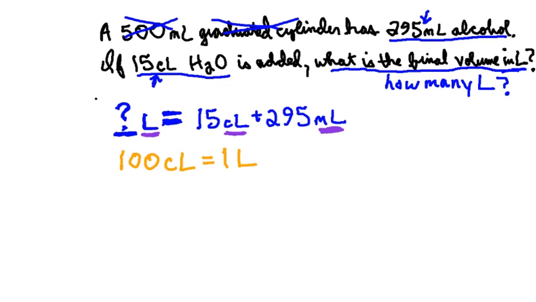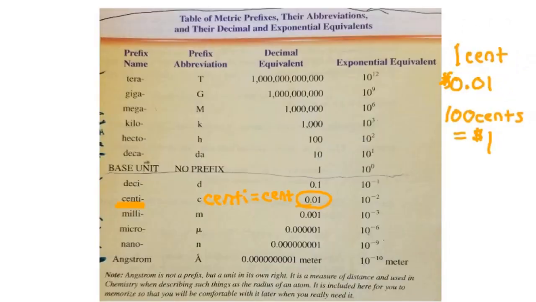So let's go back and look at our table again. And here is milliliters down here. And milliliters is 1/1000th of a liter. So that means 1,000 milliliters equals 1 liter.